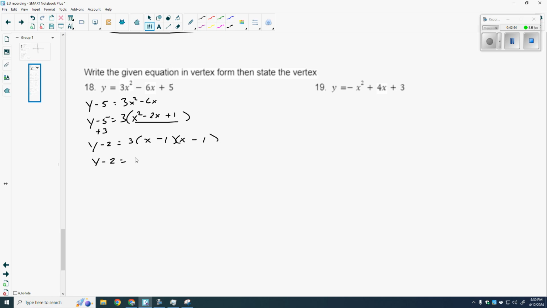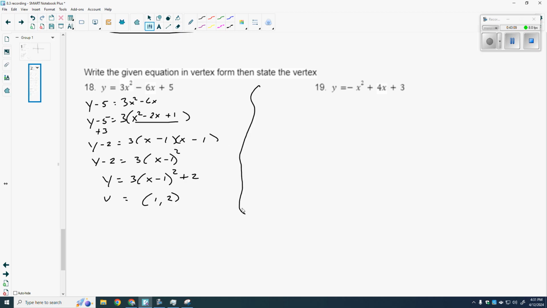Y minus 2. X minus 1 can be written as x minus 1 squared. Add the 2 to the other side to get it back over there, so I have my vertex. What's my vertex? Opposite for the x, same for the y. And there's my vertex.